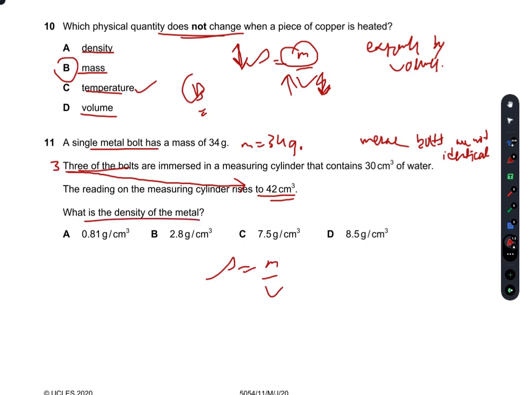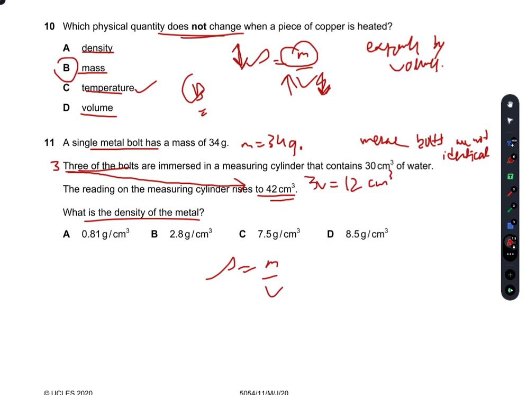For density we have the formula rho equals m over v, but here we have the volume of these three bolts. So we will take these three bolts collectively because they are made of the same metal but they are not identical. The rise in volume here is 12 cm³ for three bolts.